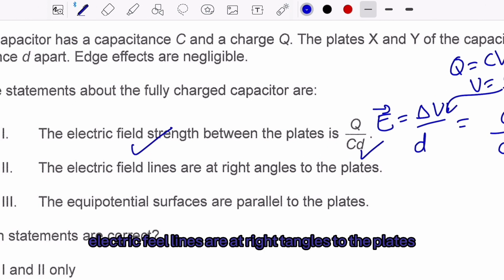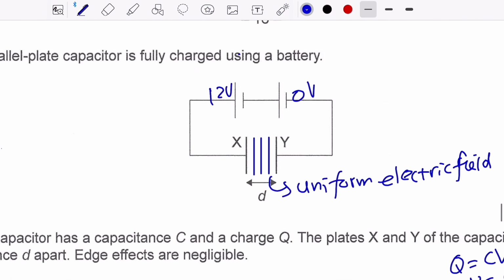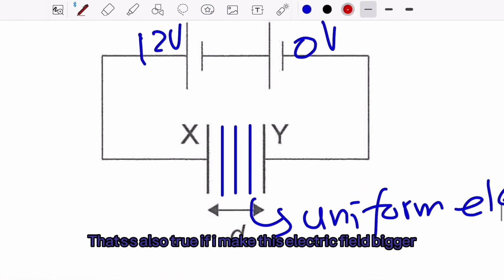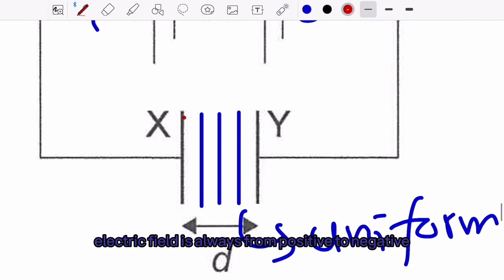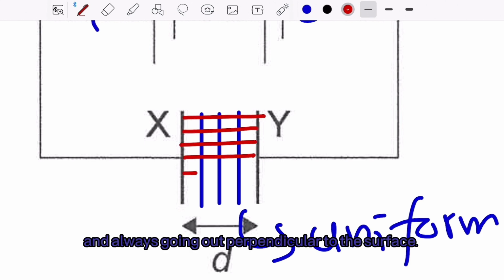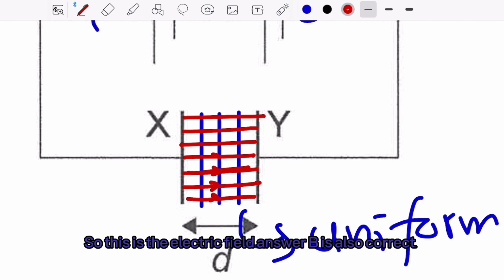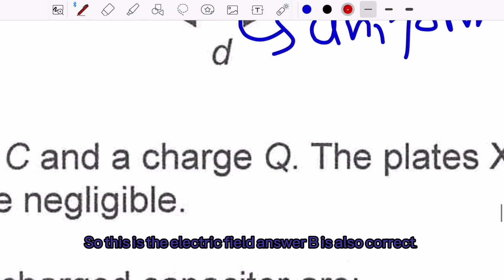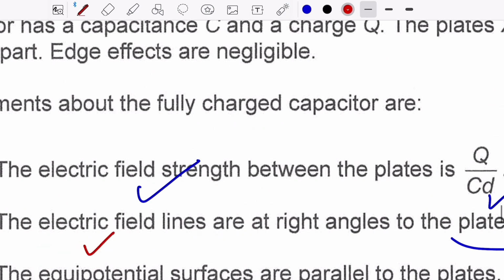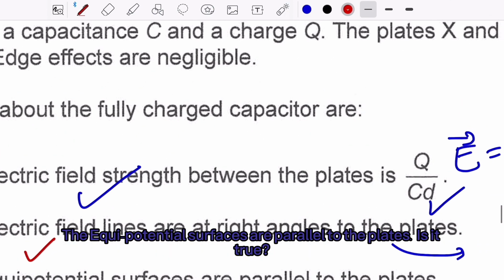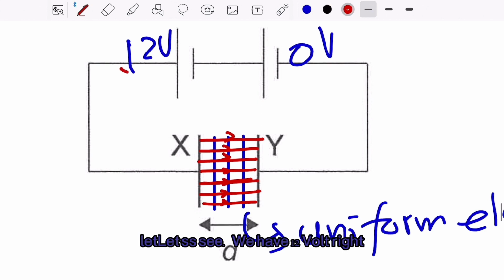Electric field lines are at right angles to the plates. That's also true if I make this electric field bigger. Electric field is always from positive to negative and always going out perpendicular to the surface. So this is the electric field. Answer B is also correct. The equipotential surfaces are parallel to the plates. Is it true? Let's say we have 12 volts, right?